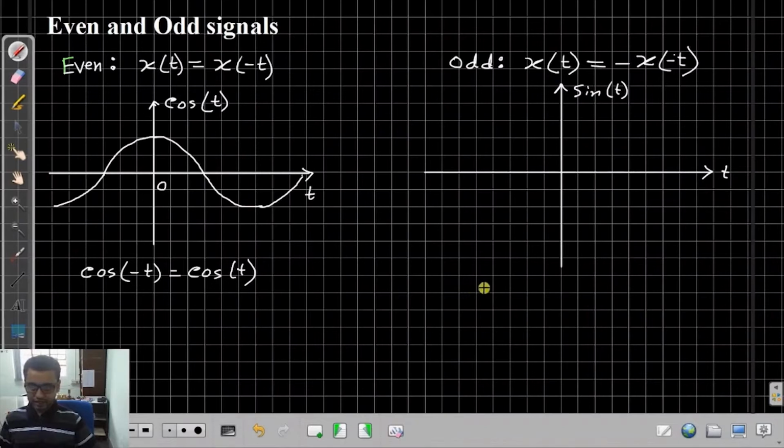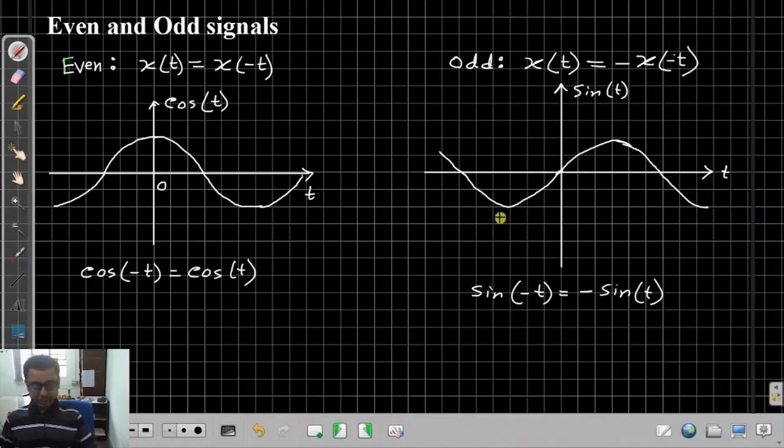And you know that sine of minus t is the same as minus sine t, and a sine curve looks like this.